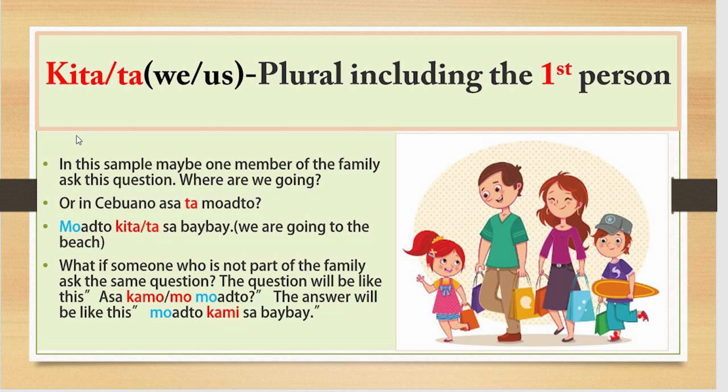All right. In this other example, what if someone who is not part of the family asks the same question? The question will be like this: "Asa kamo moadto?" Here the speaker is not included in the family outing.